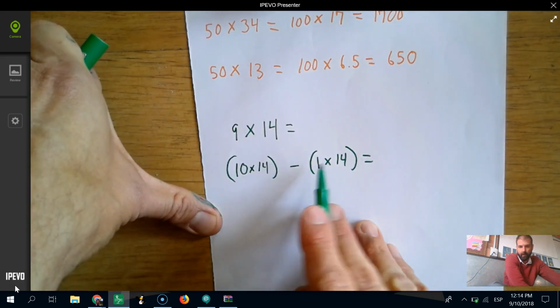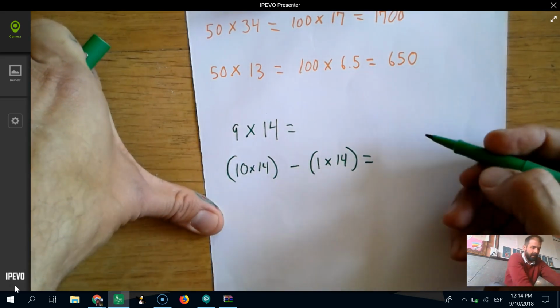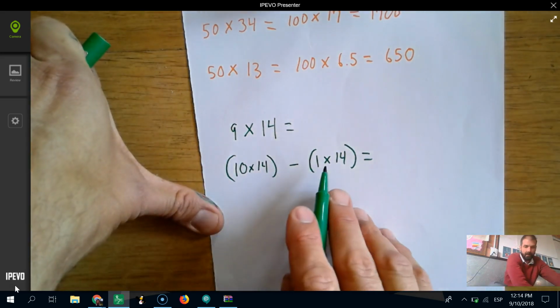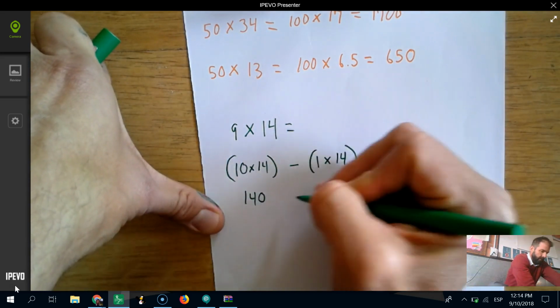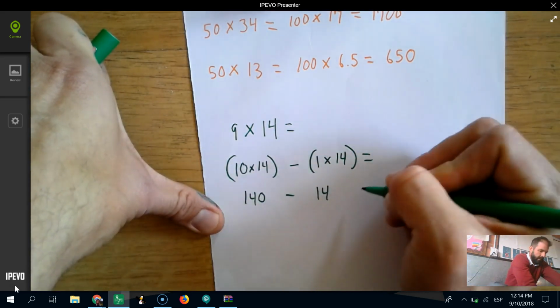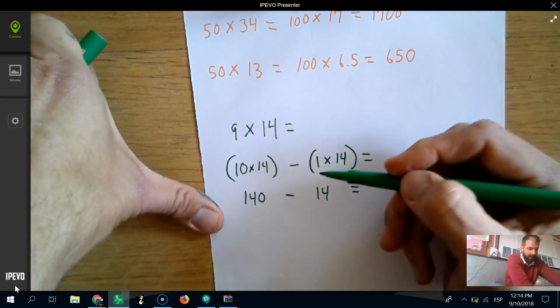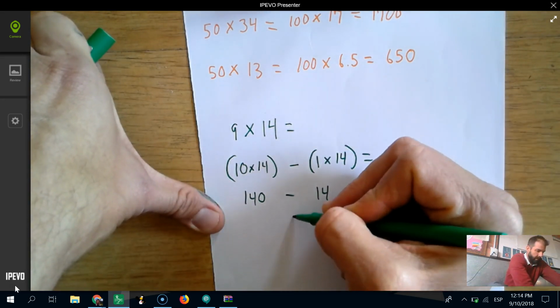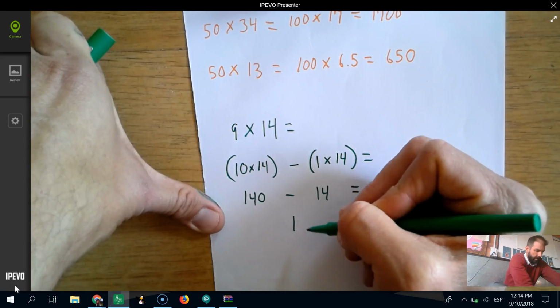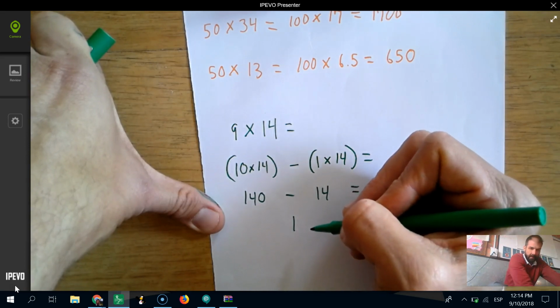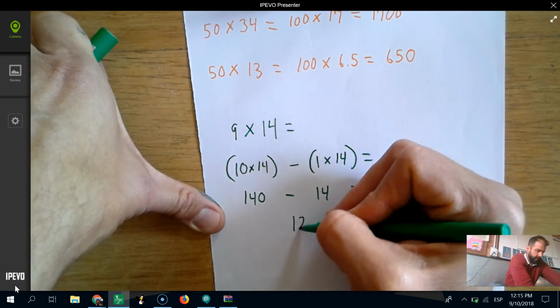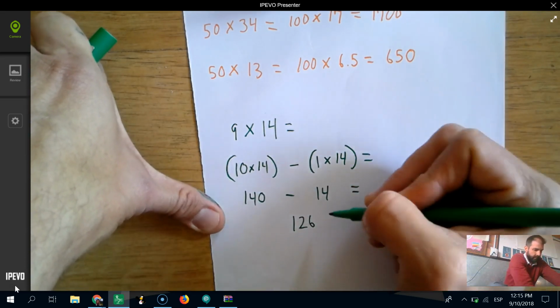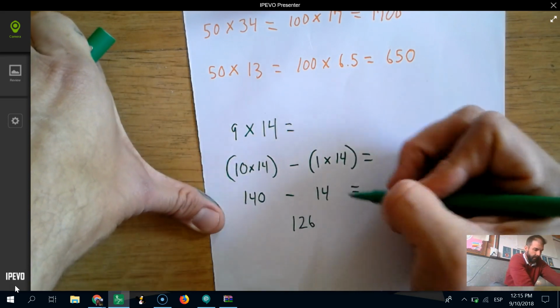So 10 minus 1 equals 9, and this is the same thing. So 10 times 14 minus 1 times 14 gives me 140 minus 14. And that's going to give me the answer of what? 116? No, that would be 130. 126, because 140 minus 14 equals 126.